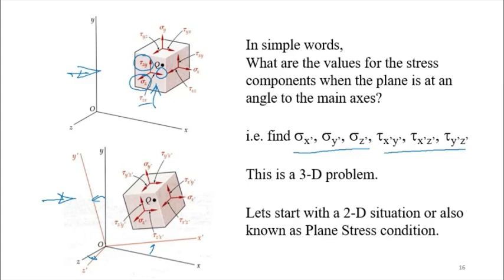If these three become 0, then we are left with just another three. Sigma x here, sigma y here, and tau xy or tau yx. They are complementary. This now becomes 0, and this is also 0 because they are complementary to the front shear stresses.